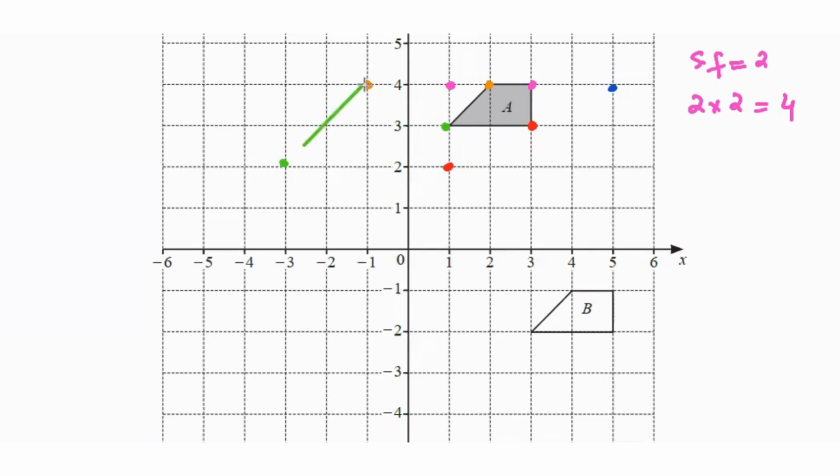So if we connect the points, this is going to be our enlarged shape. It has the coordinates of (1, 2), (1, 4), (-1, 4), and (-3, 2).